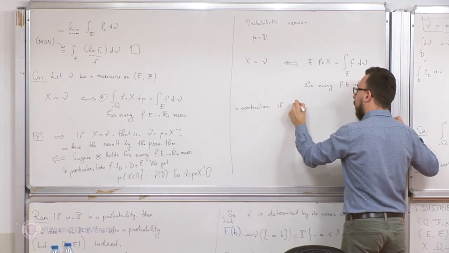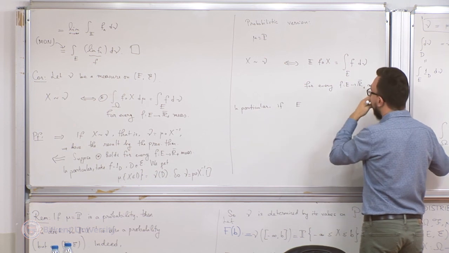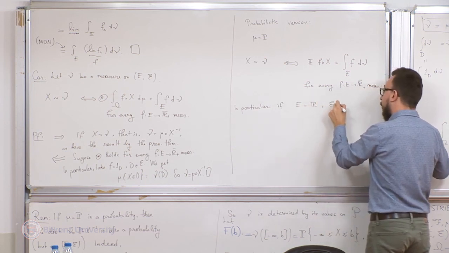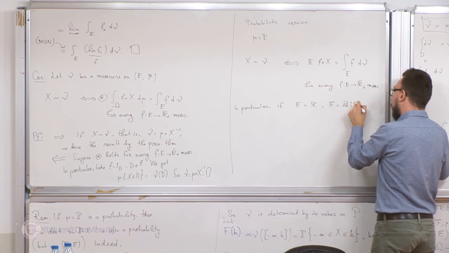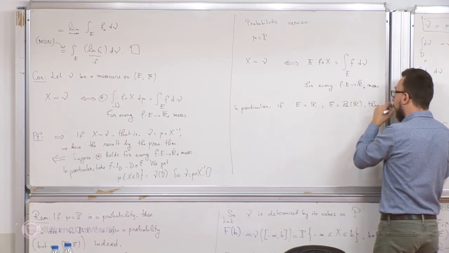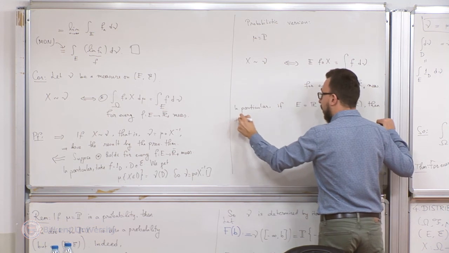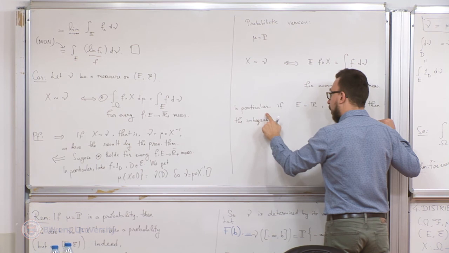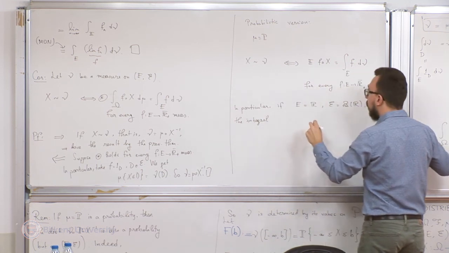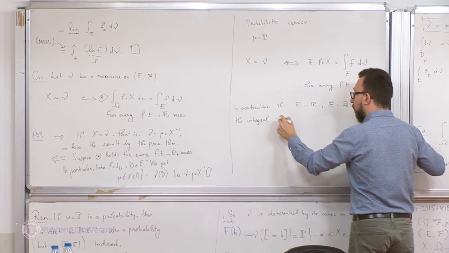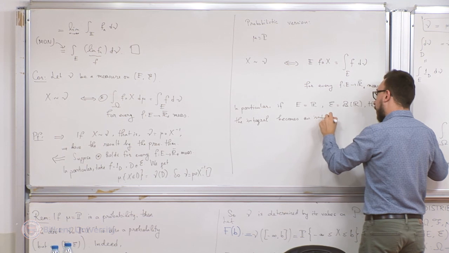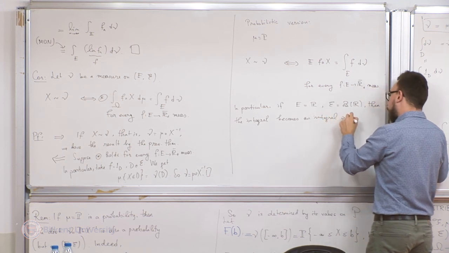If E is, let's say, the real line with the Borel sigma algebra, then the integral becomes an integral over the real line.